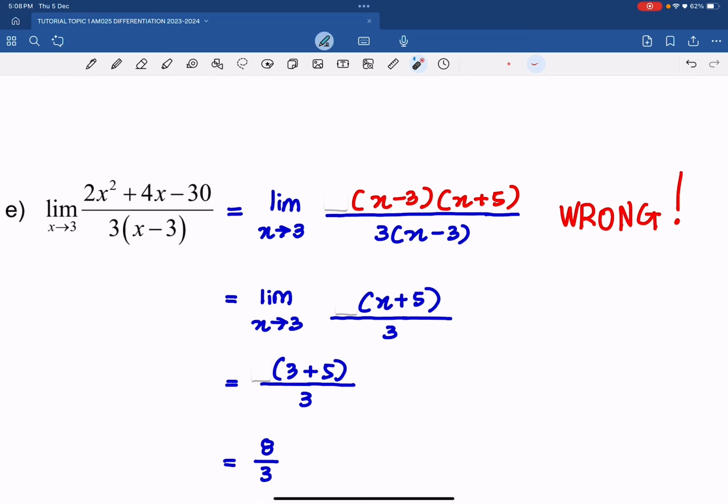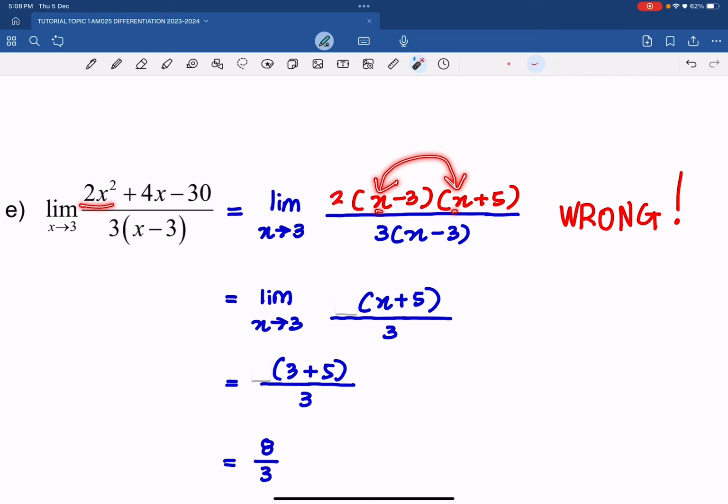So if you do expressions, it means that you're going to put 2 here. Why? Because if you're factorizing 2x squared plus 4x minus 30, if you multiply these two, x times x, we're going to get x squared.